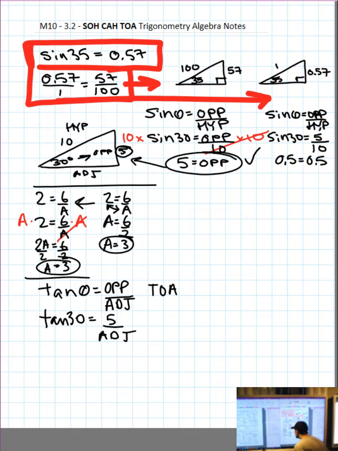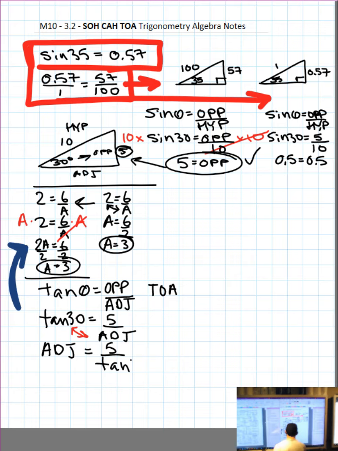Keep in mind it would have been easier to use cos. Now we're going to use the algebra we just learned. Instead of timesing both sides by the adjacent and dividing both sides by tan 30, we're going to switch the adjacent and the tan 30.